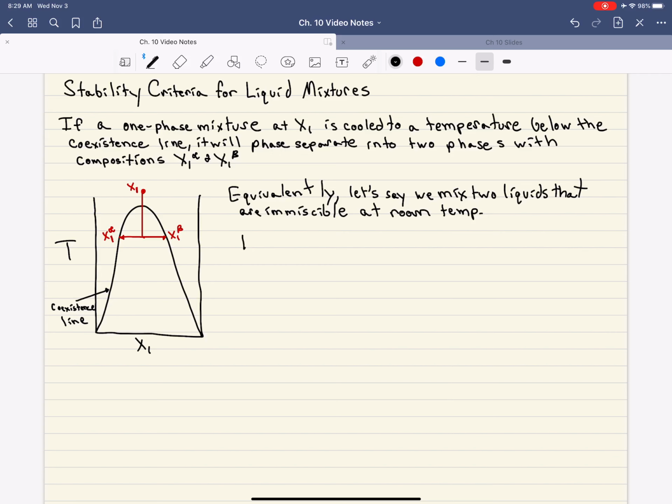But then that begs the question of, how high do you need to heat it? How high of a temp do we need to heat the mixture to get the species to be miscible?